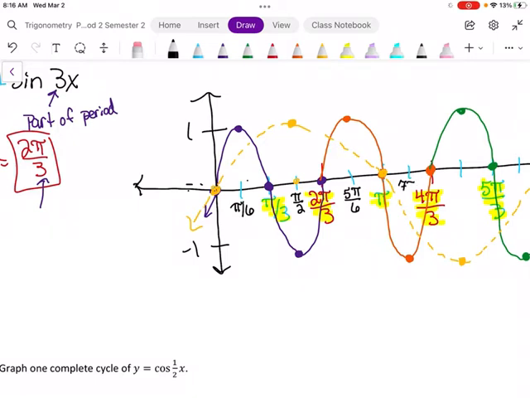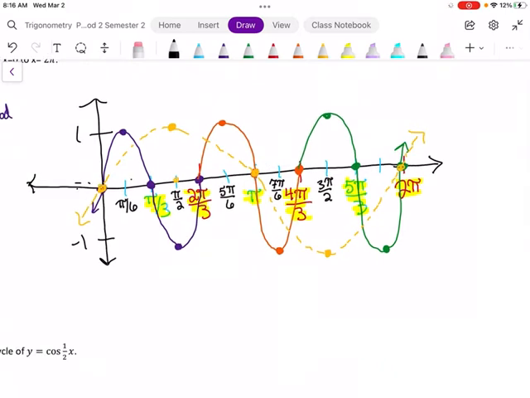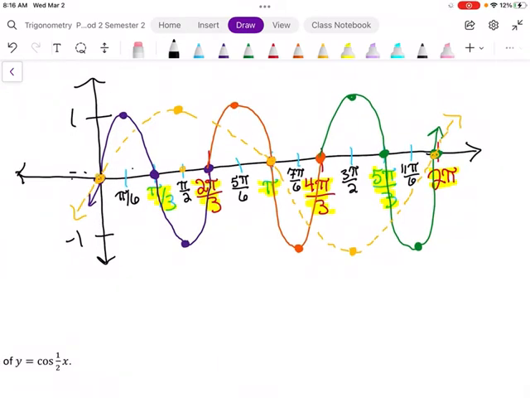And then we would do 7 pi over 6, 8, 9 pi over 6, which we can simplify to 3 pi over 2. So 9, then we go to 10, and then 11 pi over 6. So if you were to label all of them, that's what it would look like.